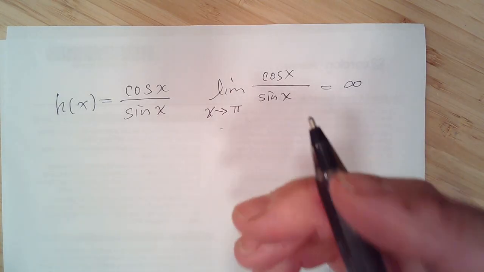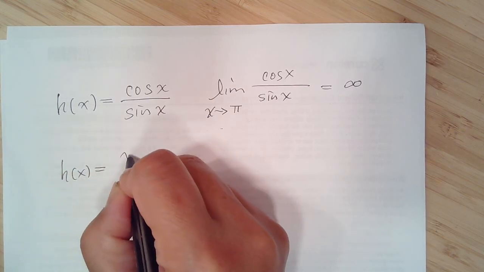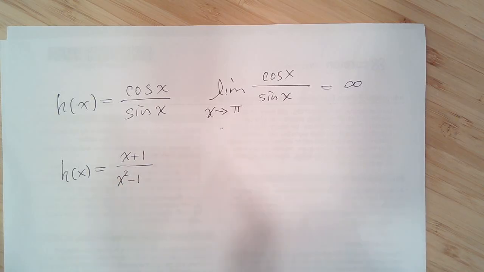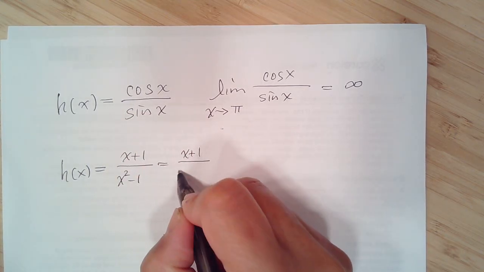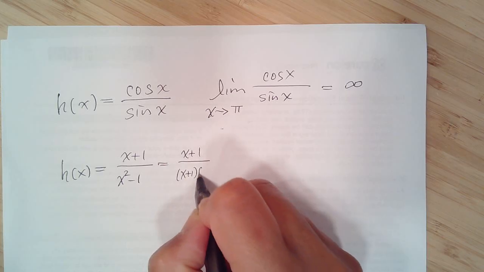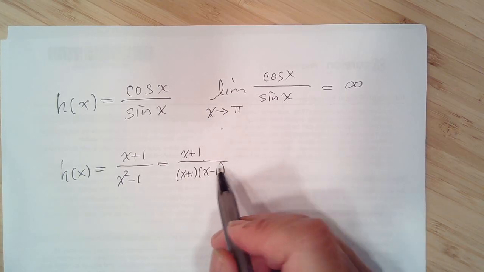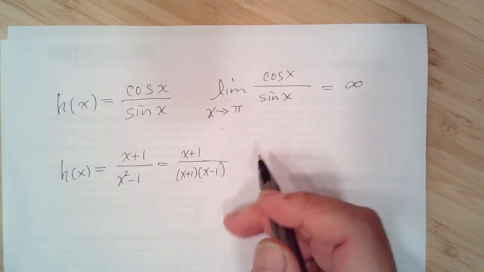And one more. h of x equals x plus 1 over x squared minus 1. Well, we know the numerator is x plus 1, the denominator is x plus 1 times x minus 1. Now can we find at which point we're going to have an infinite limit?